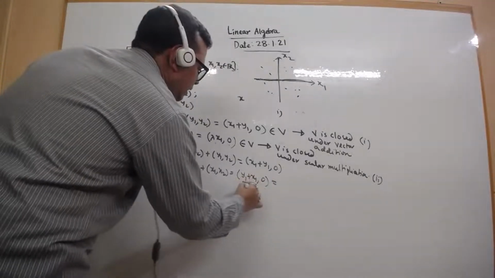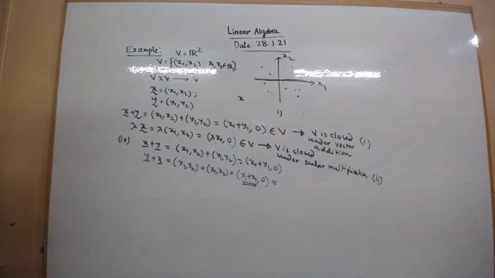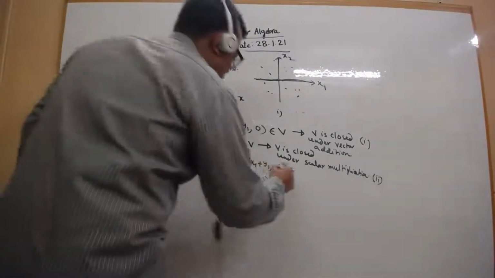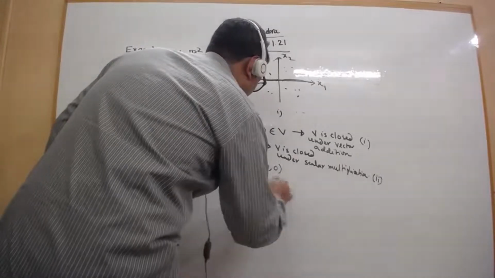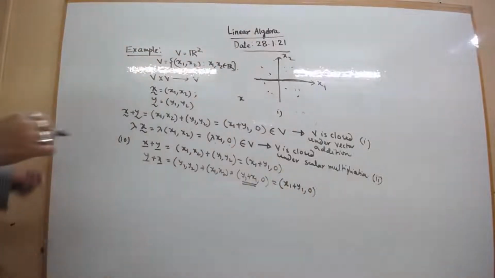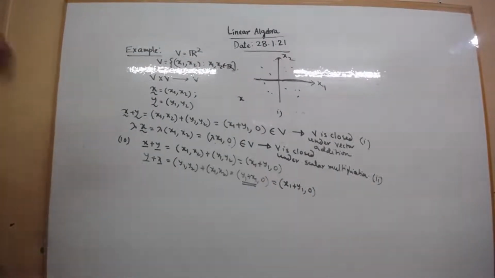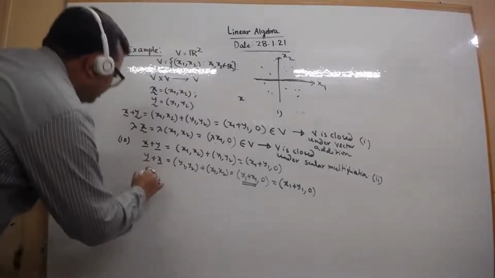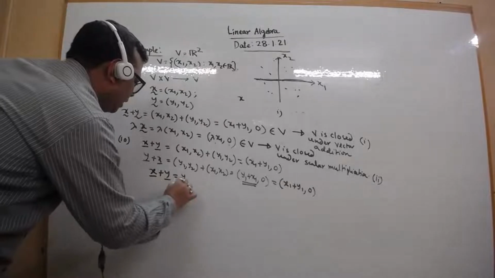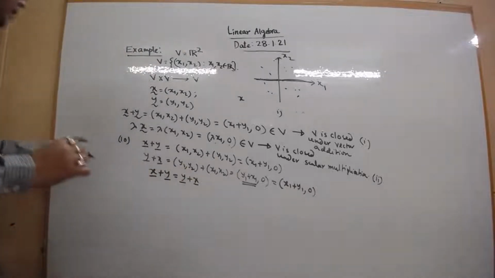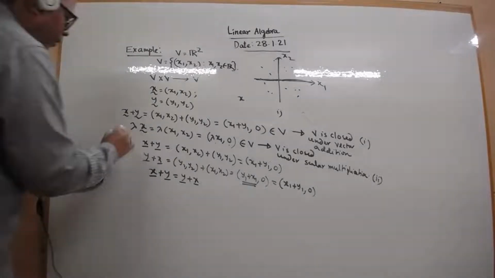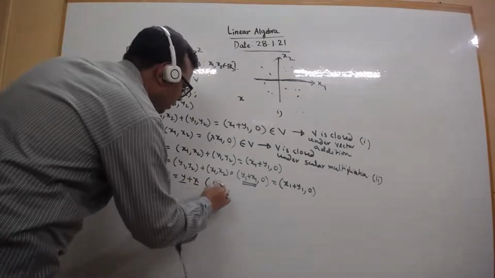Since the real numbers form a field, they satisfy the commutative property under addition. So x1 plus y1 equals y1 plus x1, and hence x curl plus y curl equals y curl plus x curl. It is better to call this property 3, the third property. The commutative property is satisfied.